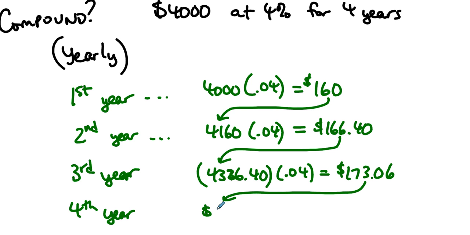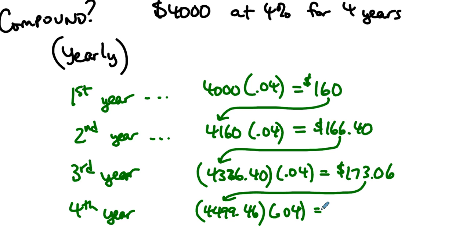So we add that on. I can do this. That's $4,499.46 that gets the 4%.